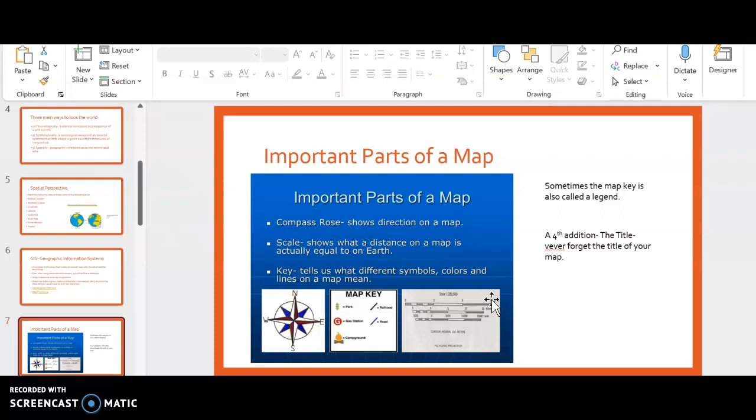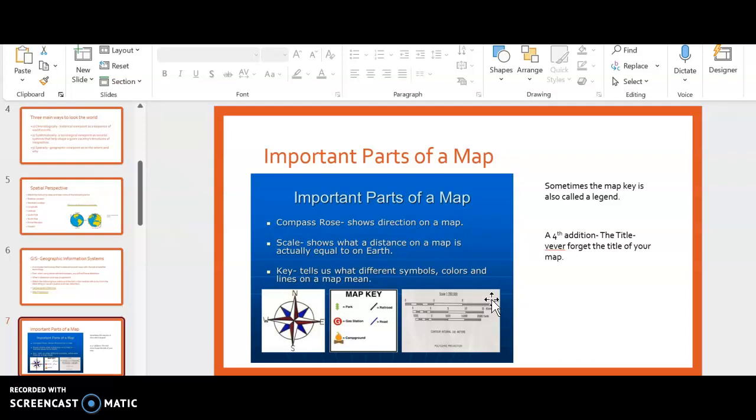Okay, important thing to remember about scale, and this is where our brains get a little crazy, right? Because one thing means something in our everyday life, but it's opposite. So a large scale shows a smaller area, and that sounds crazy and weird, but a large scale map shows a smaller area, okay? Like a city, a town, a smaller area.